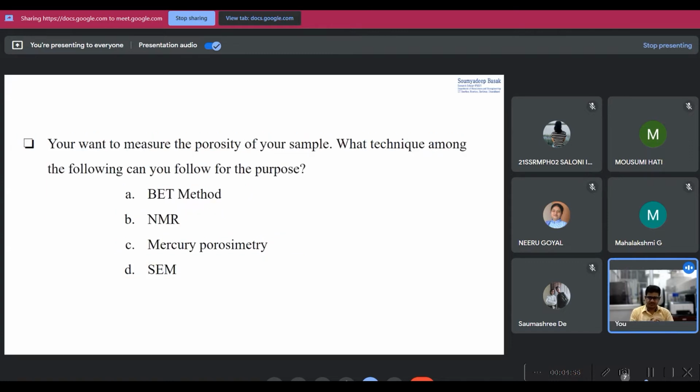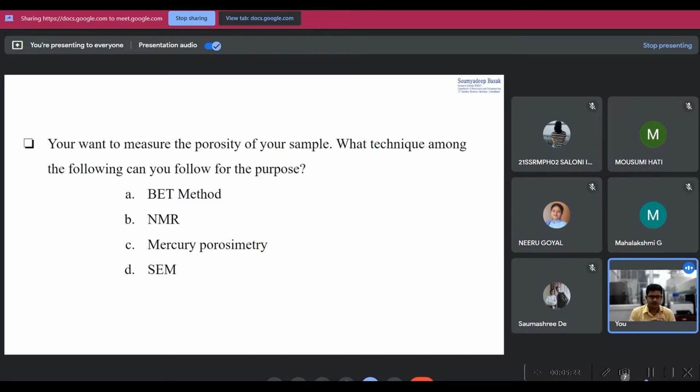Next question. It's more of a practical one. You want to measure the porosity of your sample. What technique among the following can you follow for the purpose? Options go: BET method, NMR, mercury porosimetry, and AFM. Among these, which are the techniques that you want to use for measuring the porosity of your sample?